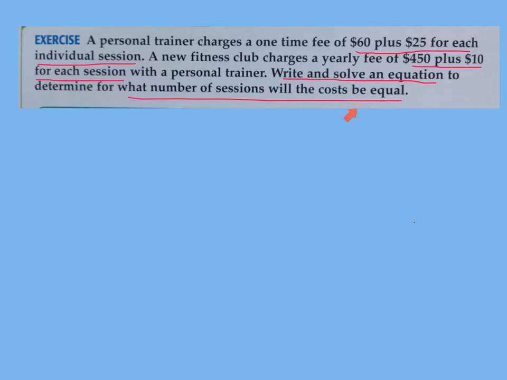So I know I am going to write an equation here. So I'm going to look at this first one. It says $60 plus $25 for each individual session. So I can start by writing an equation for what the trainer charges. So a trainer charges $60 plus $25 per each session.